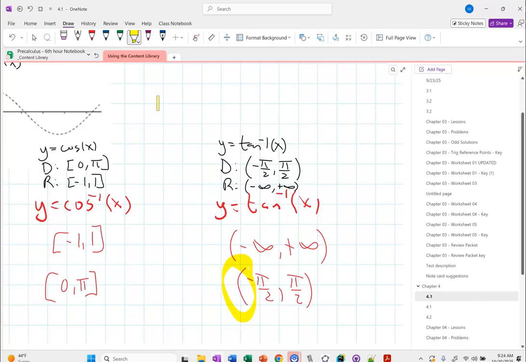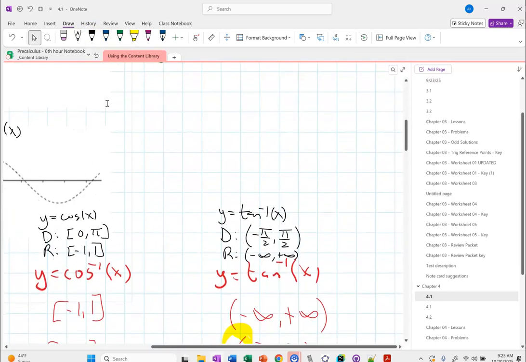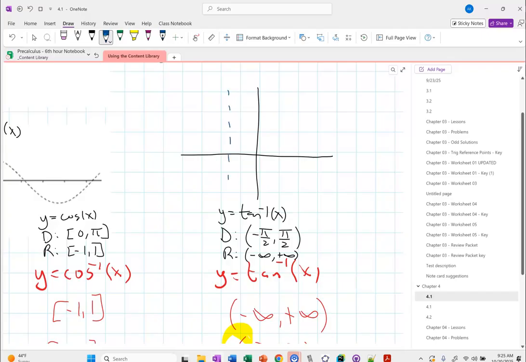Why does tangent have a parenthesis there instead of a bracket? Remember what the graph of tangent looks like? What feature does the graph of tangent have that the graph of sine and cosine does not? Yeah, it has those vertical asymptotes, right? Guess where those happen?